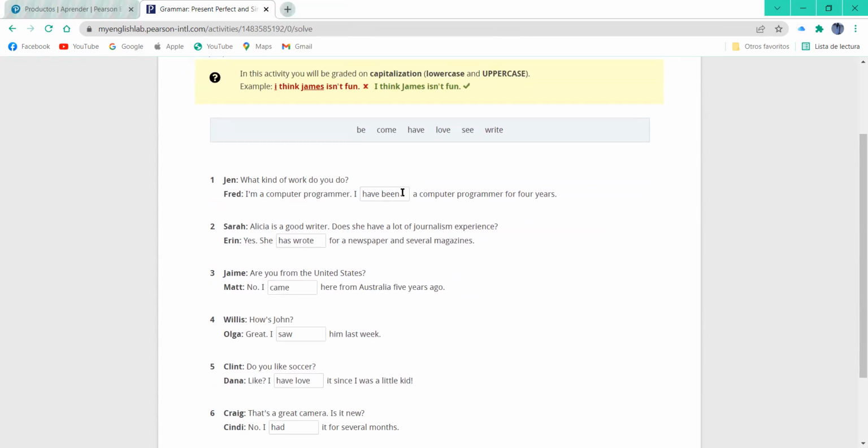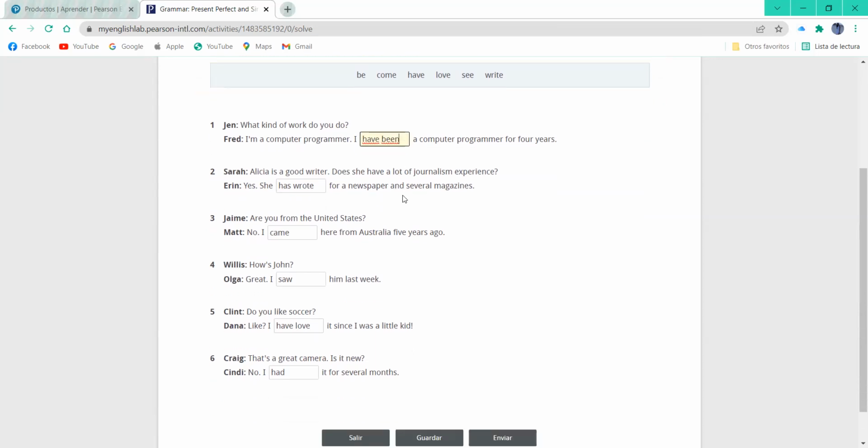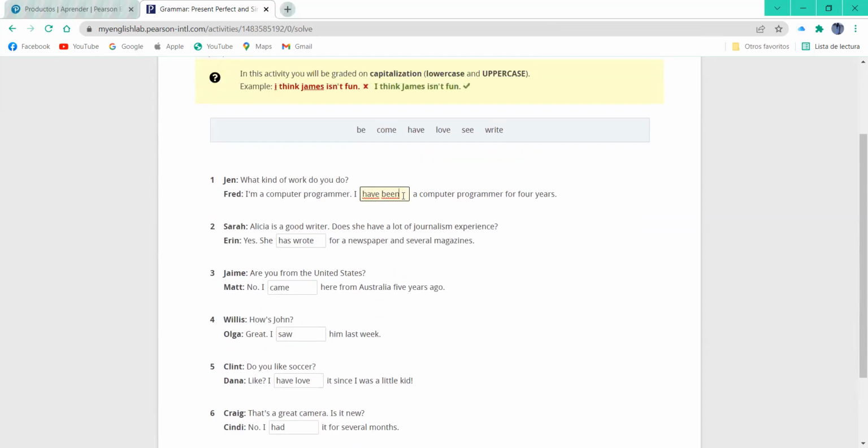And the second, Mariana, you have to see the verb, right? The verb in participle. Yes. Okay. Yes, but written with double T. Double T, right?